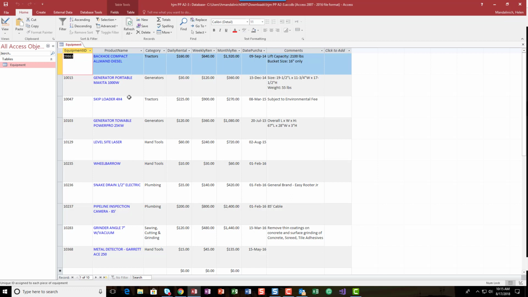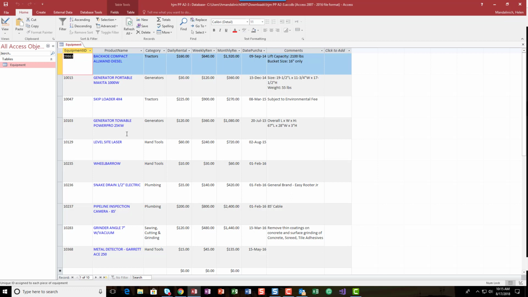That information can't be in this table because for this skip loader, you might have many records of maintenance applied to it. But let's say this level site laser, there's not much preventative maintenance you do with that. Maybe you have to change out a battery or whatever.